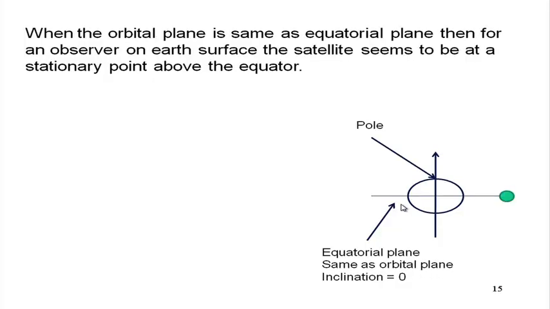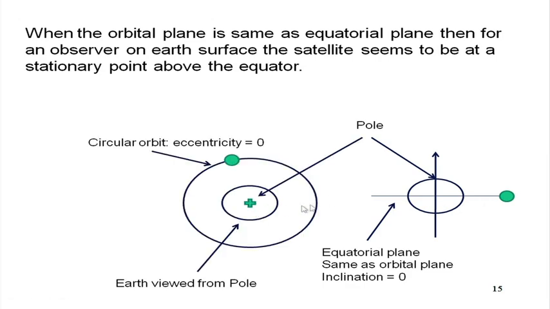Here I am trying to show you a view as if this is the north side of the pole and this is the earth, and this is the equatorial plane cut at the center of the earth, and the satellite is put here, orbiting on this plane. That means the satellite orbital plane has no inclination with the equatorial plane. It is just 0 degree inclination.